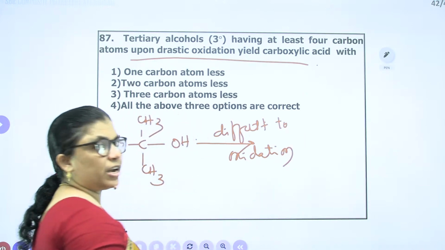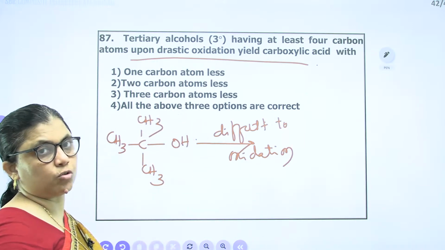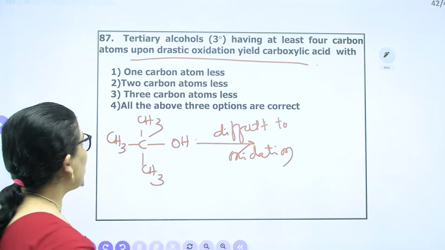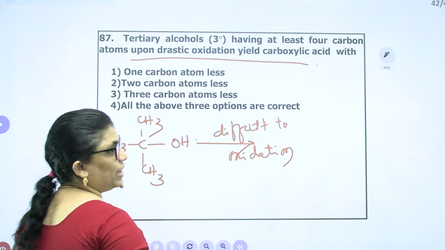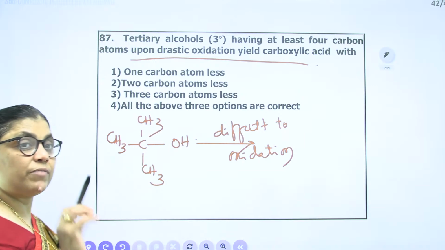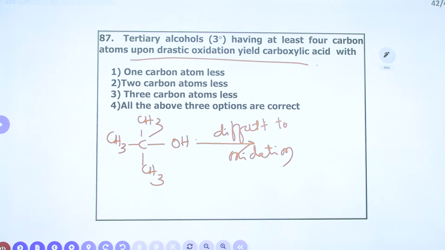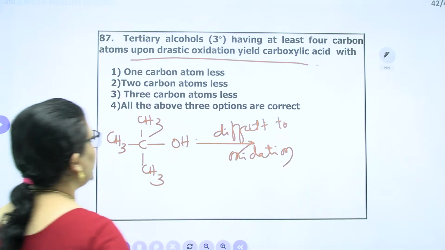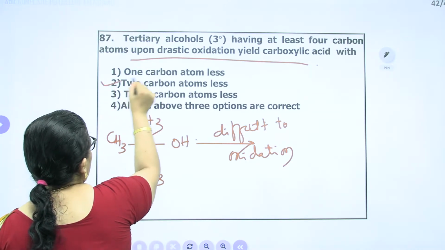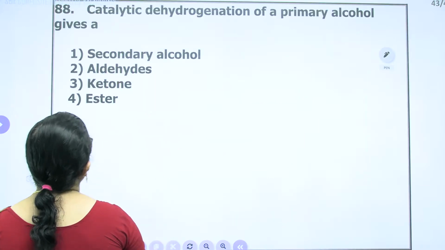But under drastic conditions, if it undergoes oxidation, it will produce a carboxylic acid with 2 carbon atoms less. Primary alcohol can undergo oxidation readily, but secondary and tertiary undergo it with great difficulty. Therefore, the correct option is the second one.